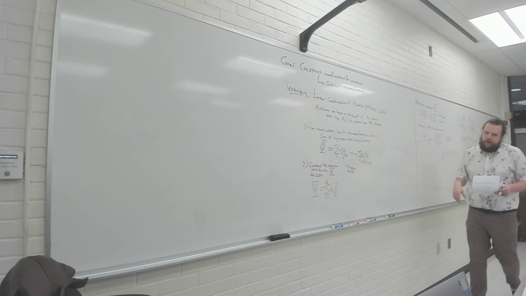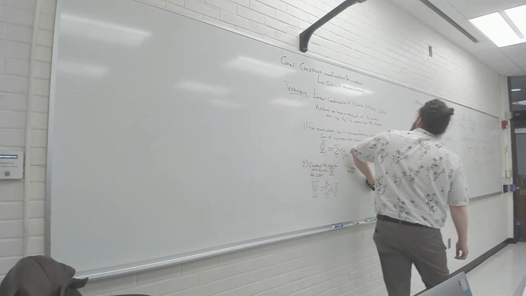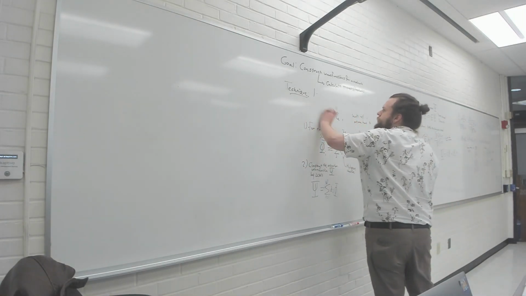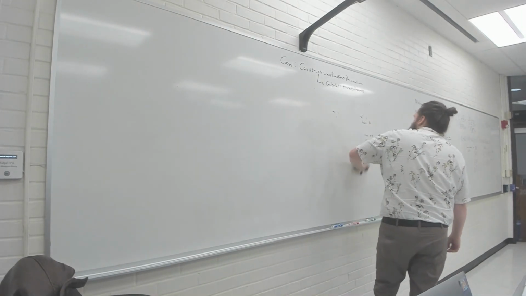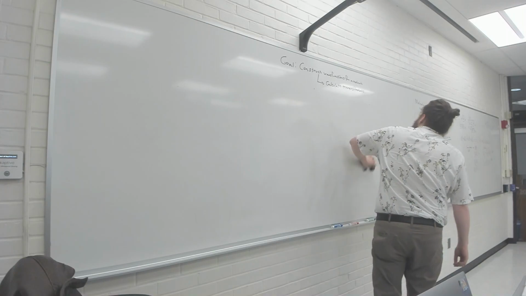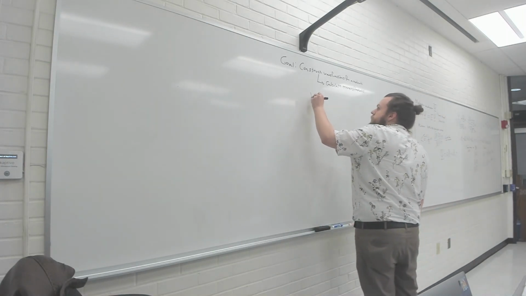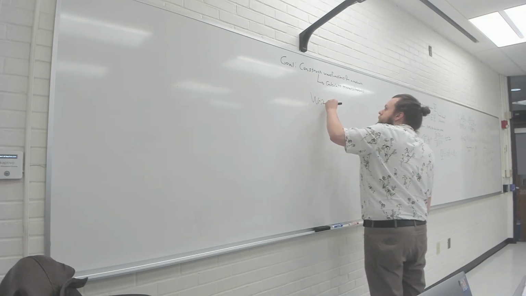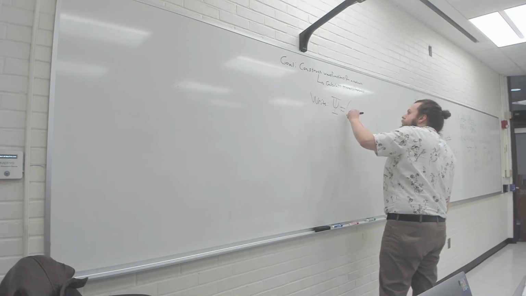So now what I want to do is change our viewpoint a little bit. That equation still doesn't really help us do anything. But instead, let's change our perspective. What I'm going to do is instead write my wave function as a vector, which is just the coefficients on the outside.